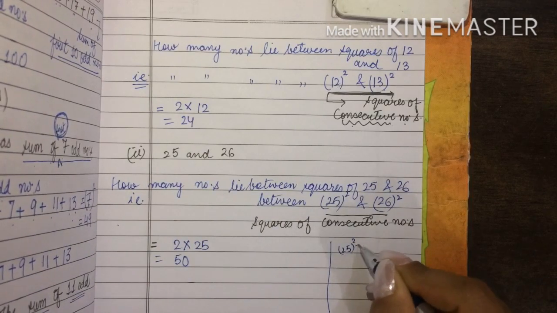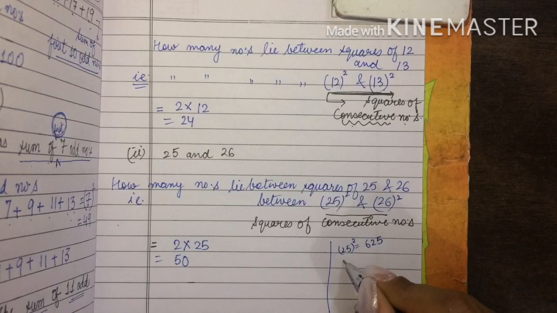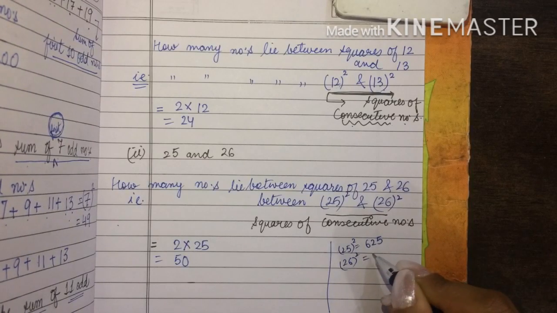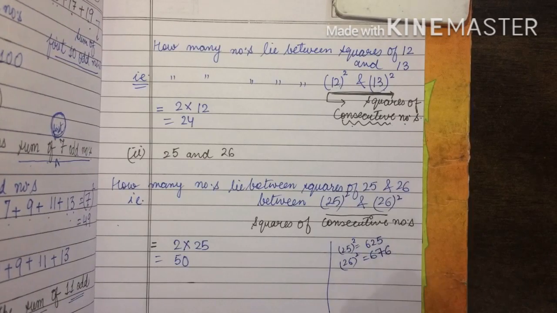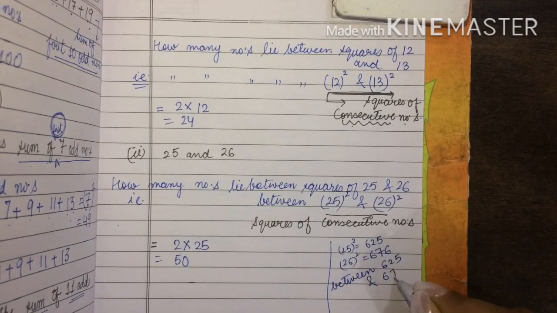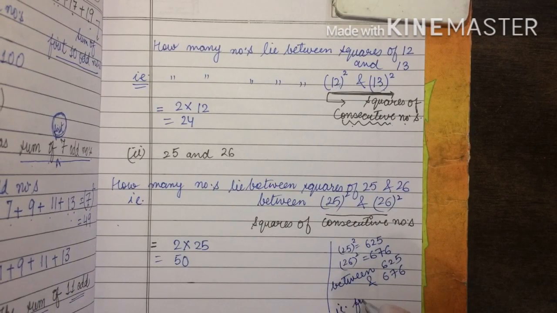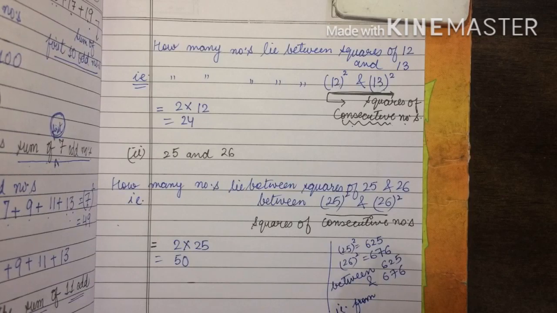You can verify if you want. 25 square is 625. 26 square is 676. And if we want to find out how many numbers are there between 625 and 676, that means from 626 to 675.